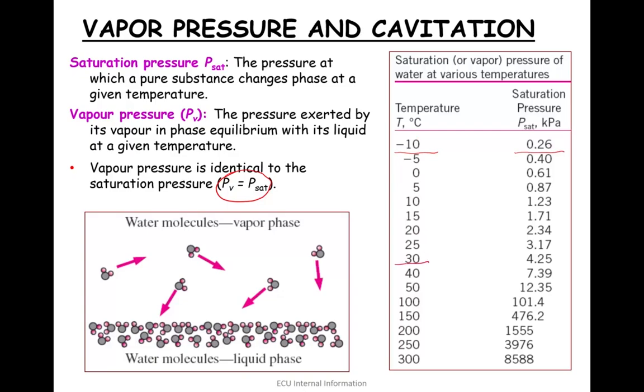If the temperature is 30, then the vapor pressure is basically 4.25. That means the lower the temperature is, the lower the saturation pressure is. The higher the temperature is, the higher the saturation pressure is.